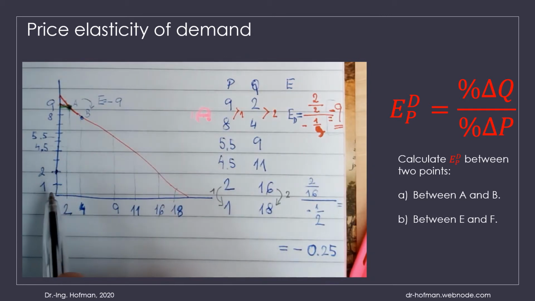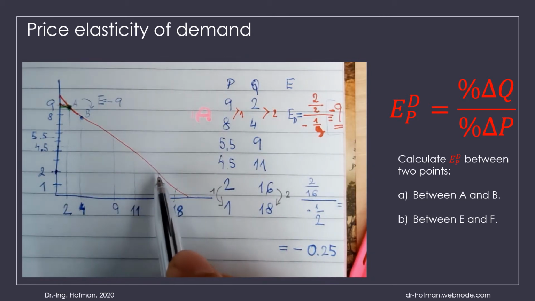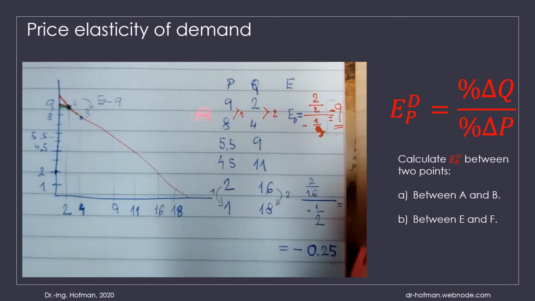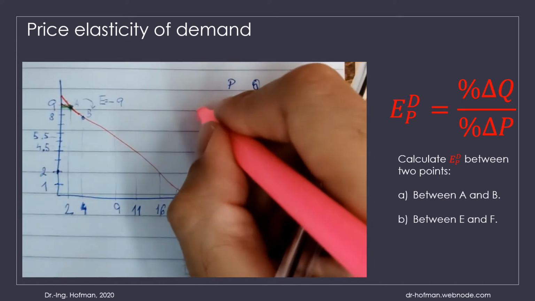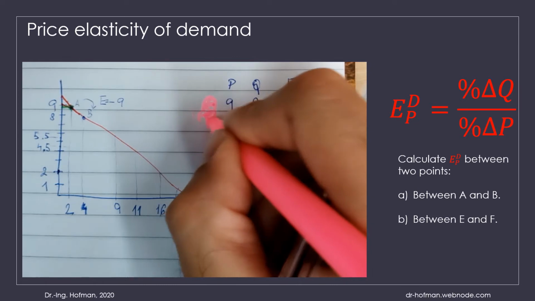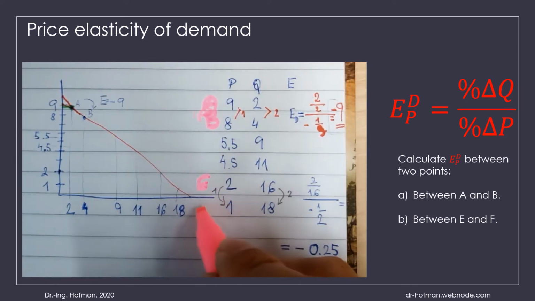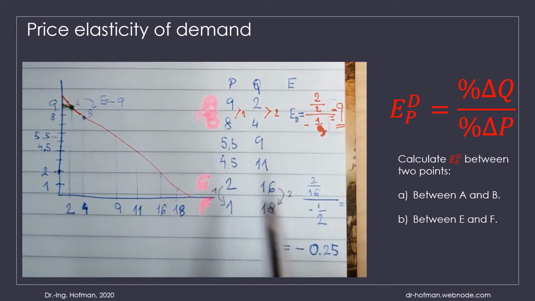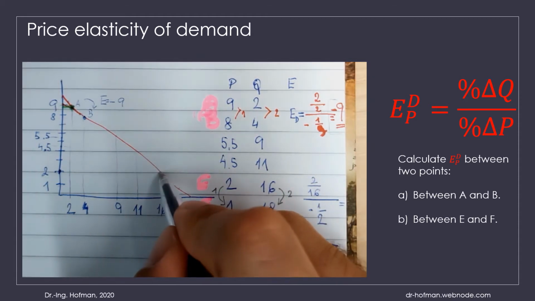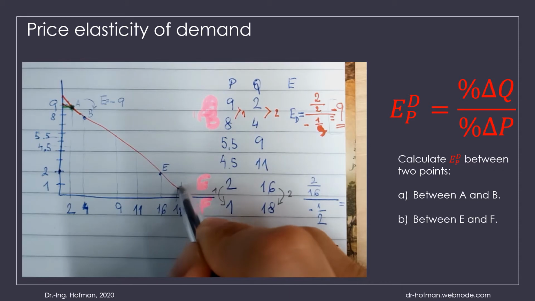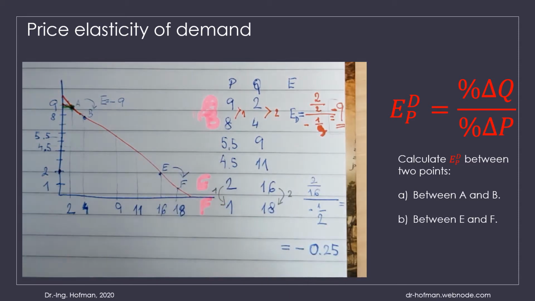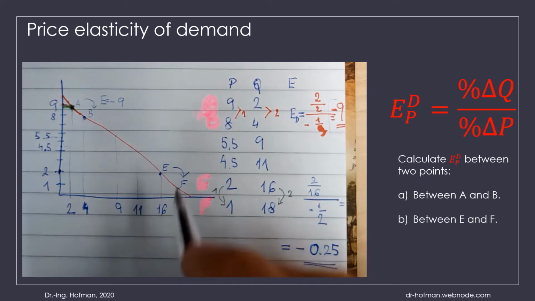And if you go from the point E to F, you have minus 0.25, so different elasticity.